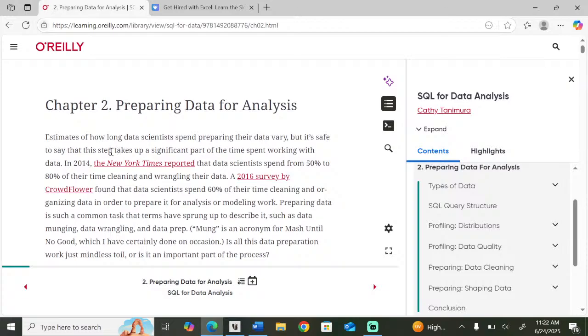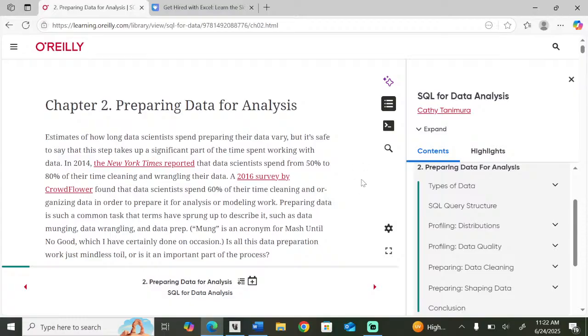Estimates of how long data scientists spend preparing their data vary, but it is safe to say that it takes up a significant part of the time spent working with data. In 2014, the New York Times reported that data scientists spend from 50% to 80% of their time cleaning and wrangling data.